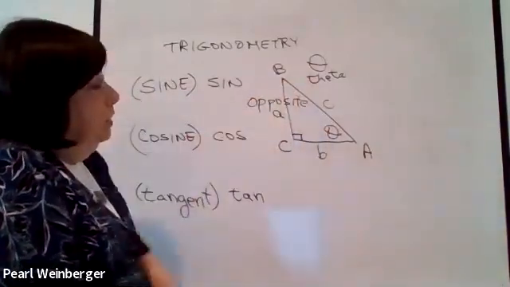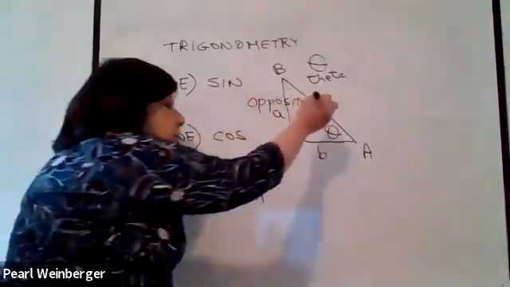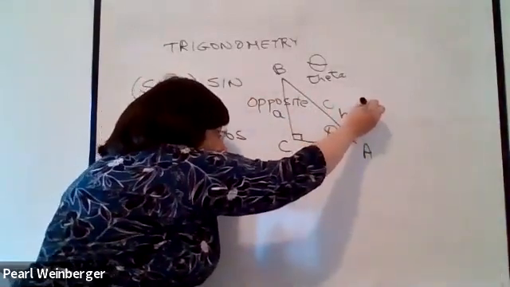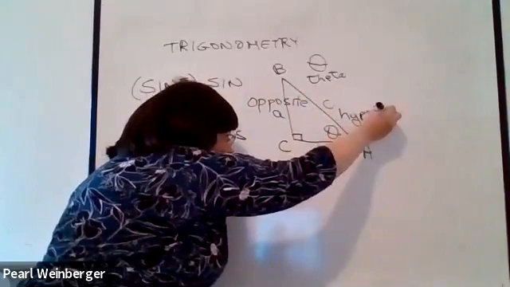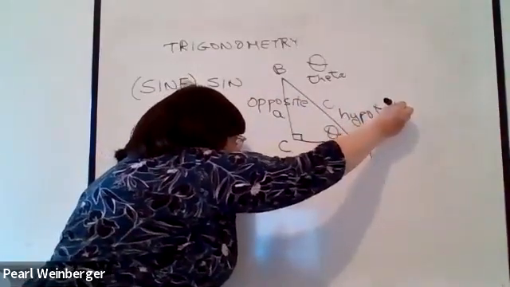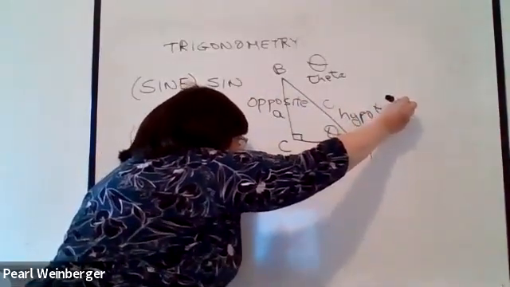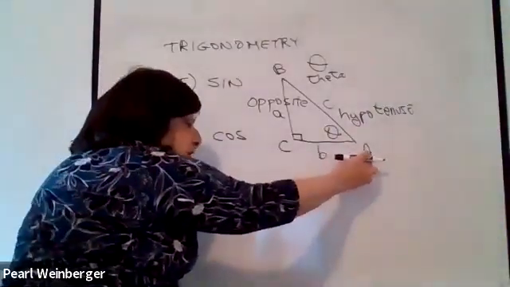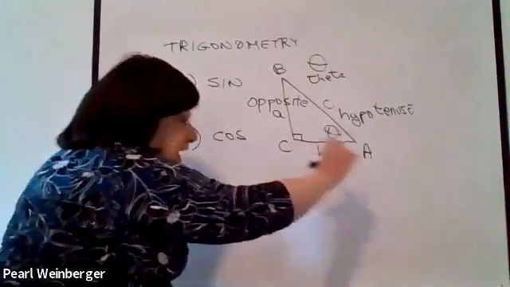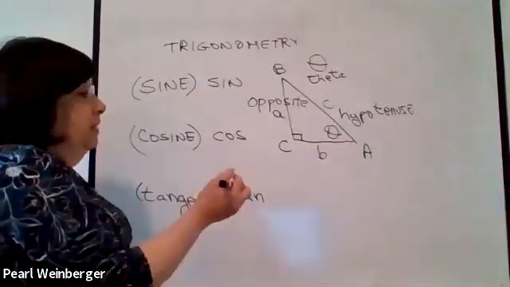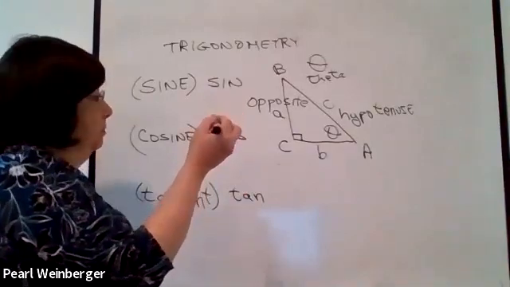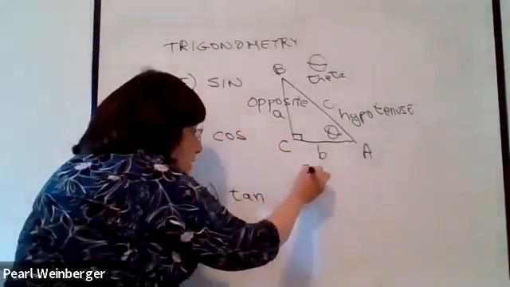The side that's right across from the right angle is called the hypotenuse. And the third side, the one that's right next to angle A, sort of attached to angle A, is called the adjacent side.